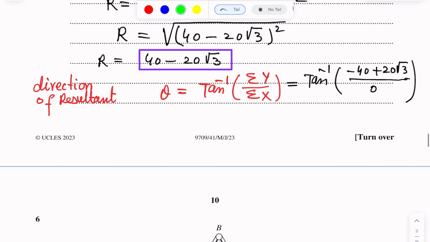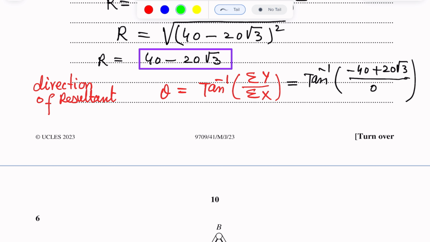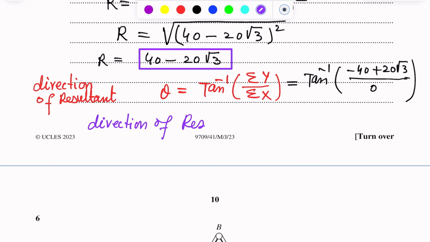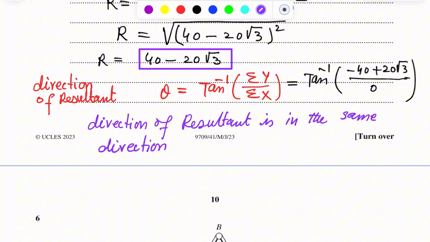So the direction of the resultant will be in the same direction as the 50 Newton force. We can write that the direction of the resultant is in the same direction as the 50 Newton force.